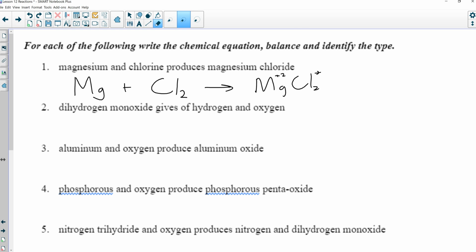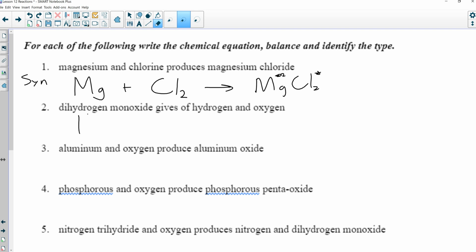So MgCl2. For balancing here, 2 and 2, 1 and 1, so it's already balanced. What kind of reaction is it? Synthesis, yep. Number 2 you've already seen before. What's dihydrogen monoxide?